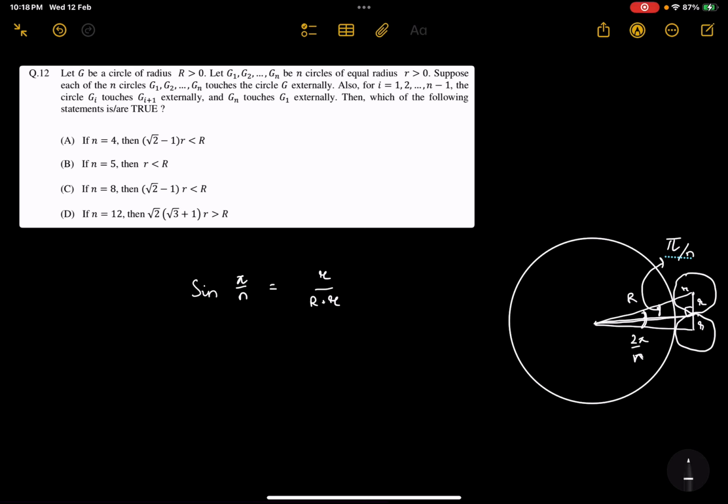So that gives us r equals (R plus r) times sine pi by n, which gives us r equals R sine pi by n upon 1 minus sine pi by n.